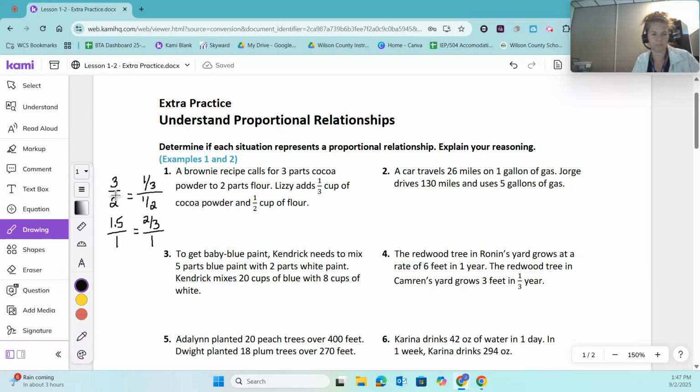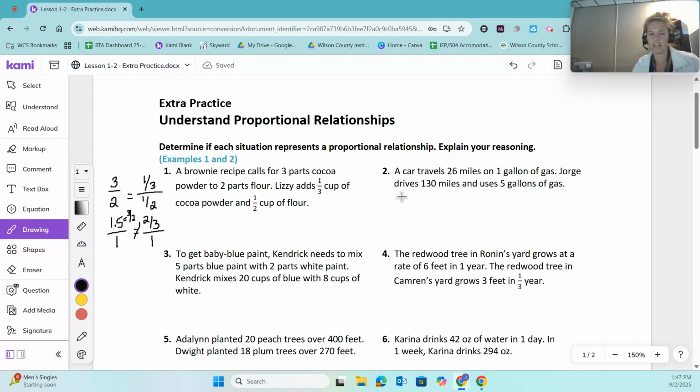Okay, and if I write this as a fraction, it's going to be 3/2. So those are not equivalent, which means they are not proportional relationships. Okay, they need to be equal to one another in order to be the same.